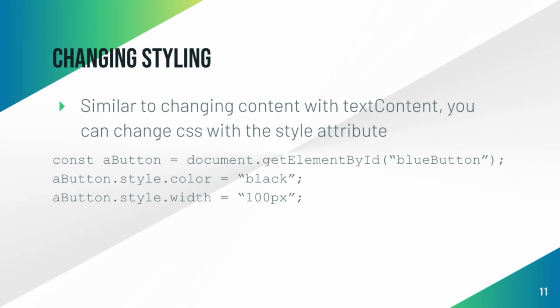We're going to be changing the color to black, and making it 100 pixels wide. You'll do that by having a variable that gets created, and then by doing the dot style, you can access a bunch of different unique styles there. And again, this will all make much more sense once we do the demo.